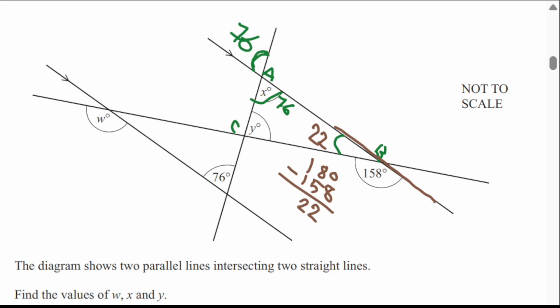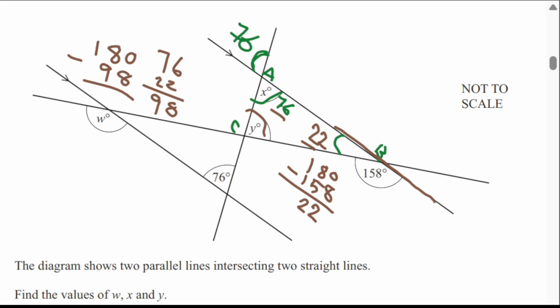Now, in triangle ABC, the three angles should add up to 180. So if I add 76 and 22, 76 plus 22 is 98. And then if I do 180 minus 98, it gives me Y. So 180 minus 100 is 80.